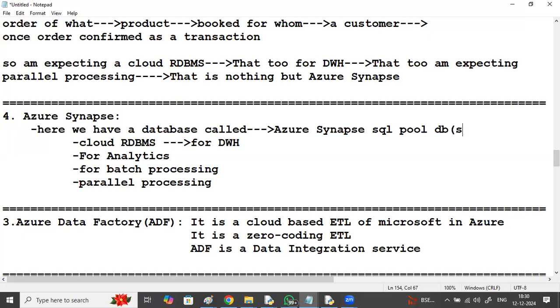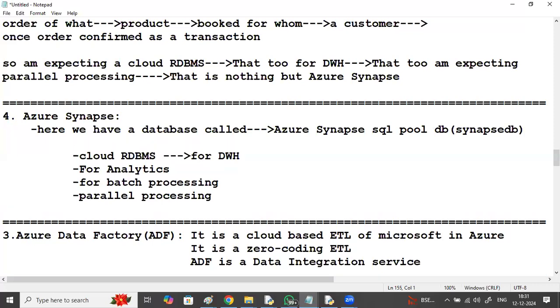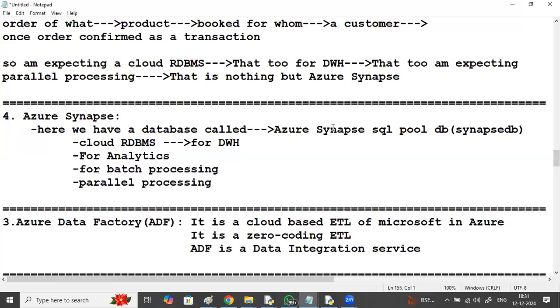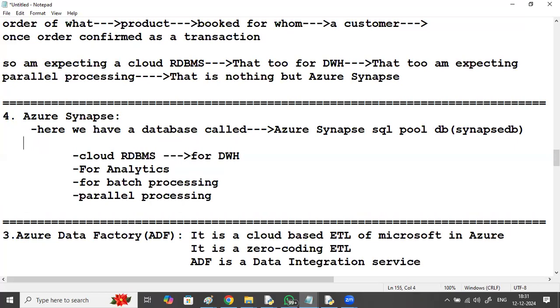Simply we say Synapse DB. What is Synapse DB? Cloud data warehouse of Azure.